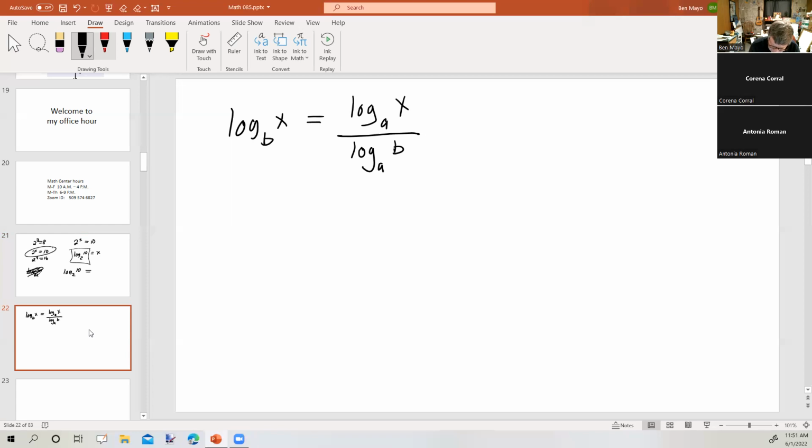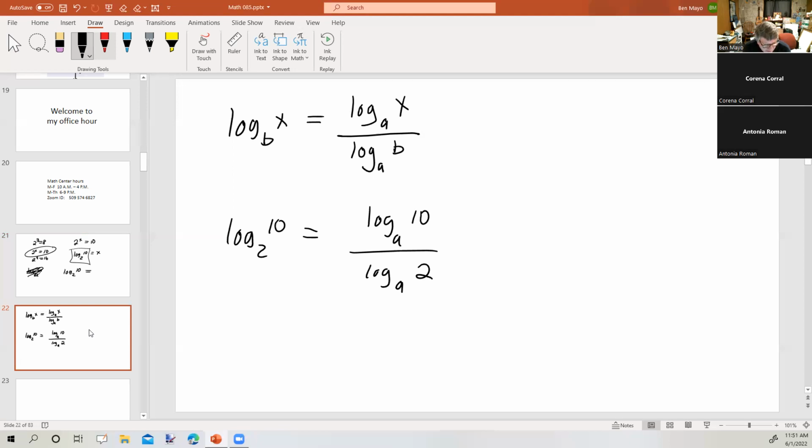So what does this mean? It means that if we've got log base 2 of 10, we could write that as log base a of 10 over log base a of 2. But I can use any base that's positive or that's not 1, right?